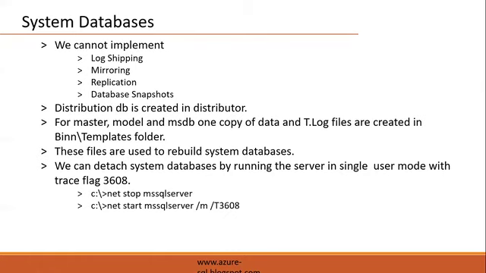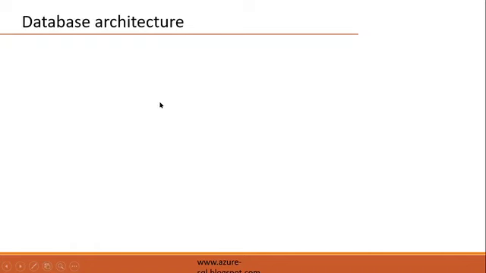But we can detach MSDB by running the server with /m, which means single user mode, meaning only one DBA can work, and with /T3608. This is the trace flag. By using this trace flag, when I start the server, we are asking the SQL engine that I want to detach MSDB. We'll see that later.